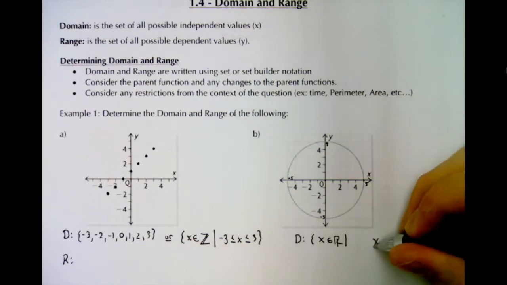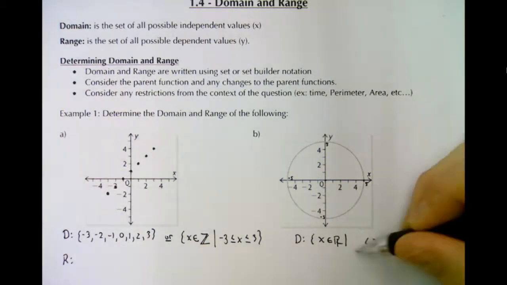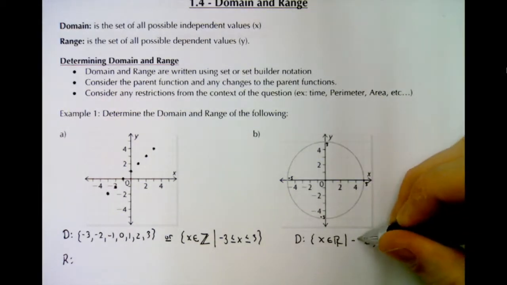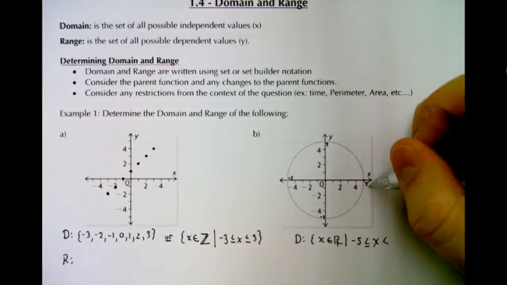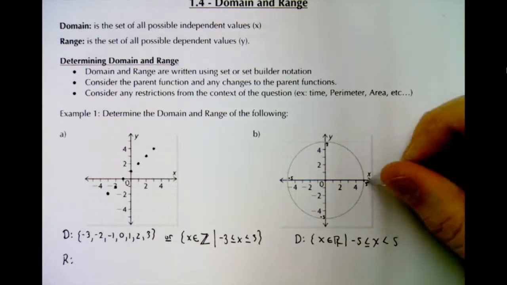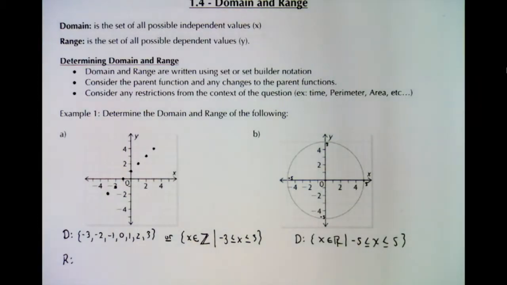So I'm going to say x greater than or equal to, less than or equal to. The smallest number of x is -5, and it actually touches -5, so we're going to say equals to as well. And the biggest x is 5, and it touches 5, so we're going to say equals to as well, and then we can close our set. So there's our domain. X exists between -5 and 5, and it's all real numbers between -5 and 5.